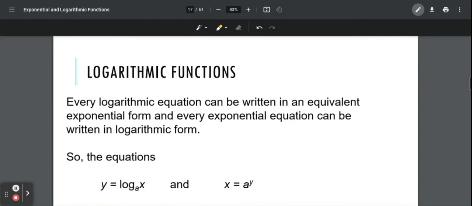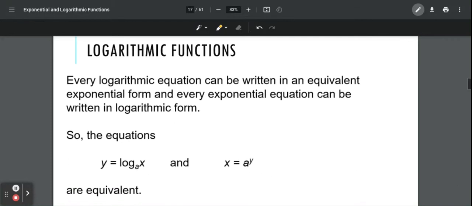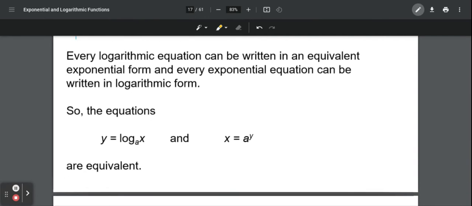So every logarithmic equation can be written as an exponential equation, and every exponential equation can be written as logarithmic. So we'll have to be switching between the two depending on the problem to potentially help us solve. So again, if we have y equals the log base a of x, we could also write it as the base raised to this power equals this value.